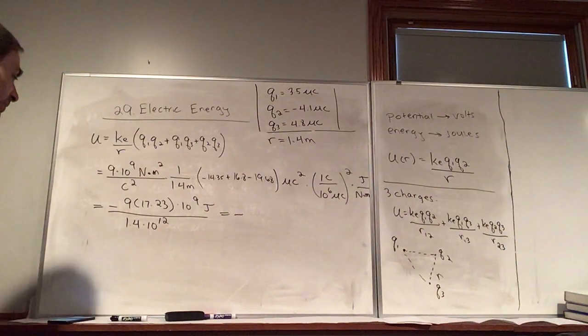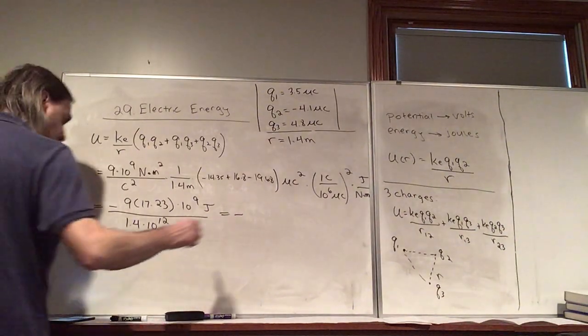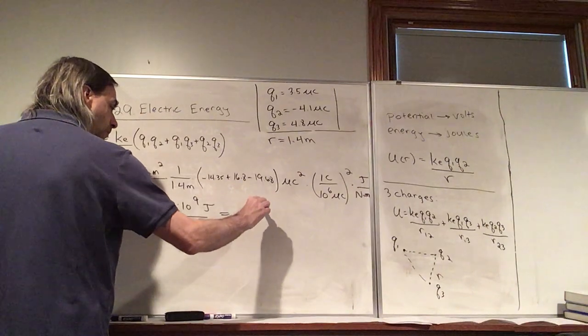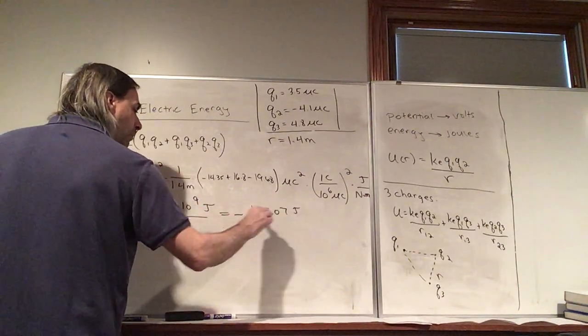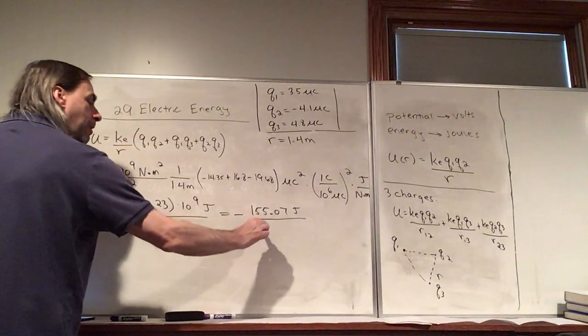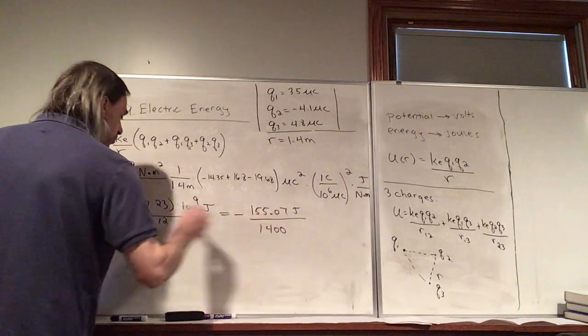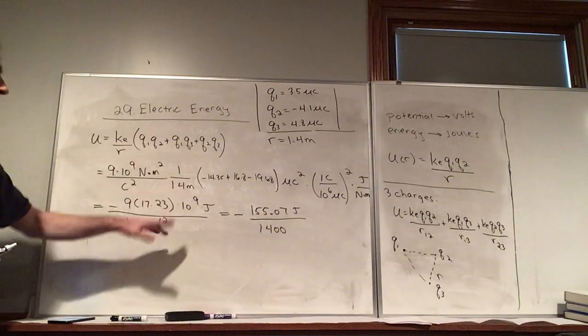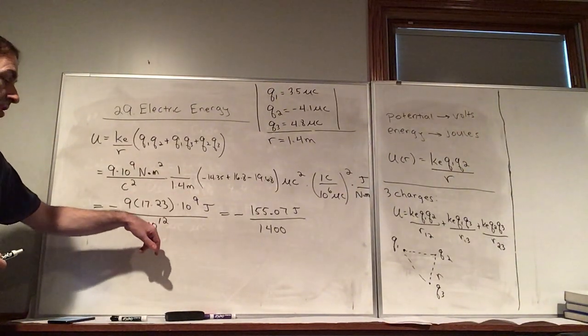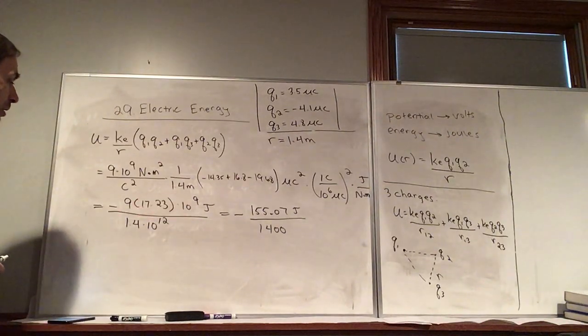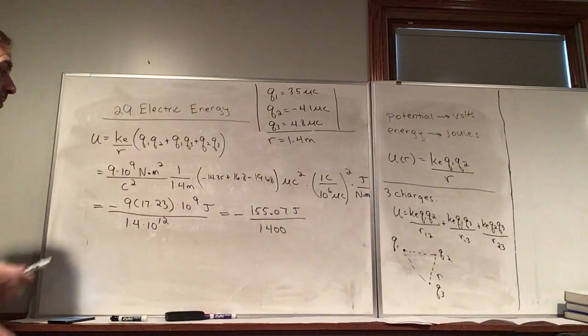That's 155.07. And on the bottom, I'm going to write 1,400. So I did 10 to the 9 over 10 to the 12. That's 10 to the 3rd on the bottom. So this would be 1,400 on the bottom.